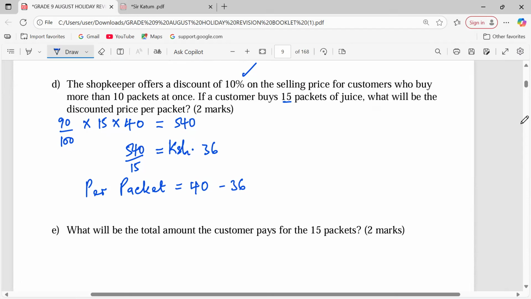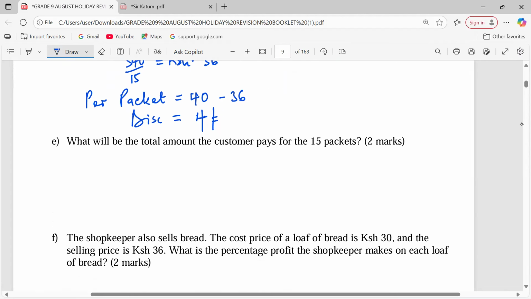So 90% will be paid for the 15 packets, each at 40. So we will pay 540. So that means per packet then we have paid 36. And each packet was to be sold at 40. So it means in this case, the discount which has been offered is going to be 4 Kenya shillings. Yeah, 4 Kenya shillings in this particular case.